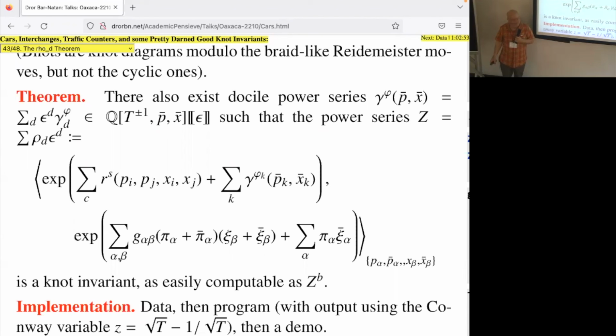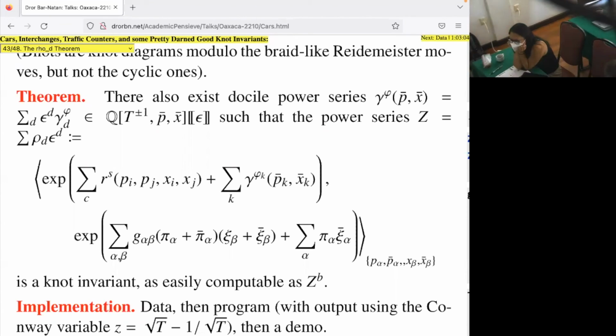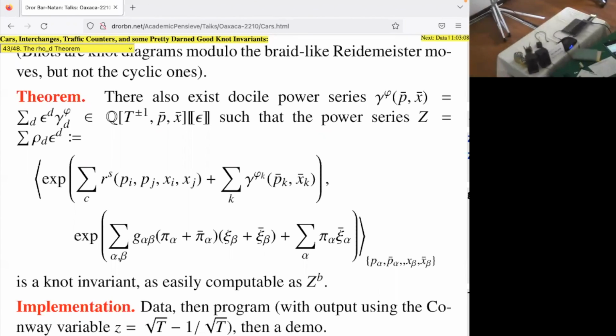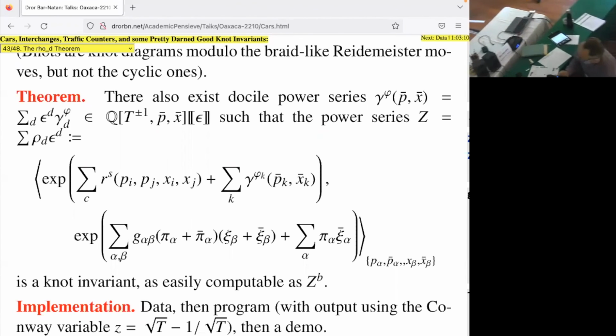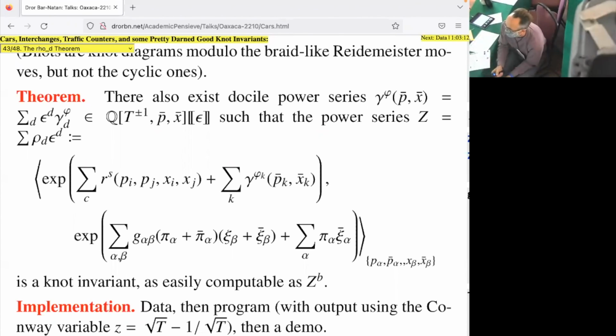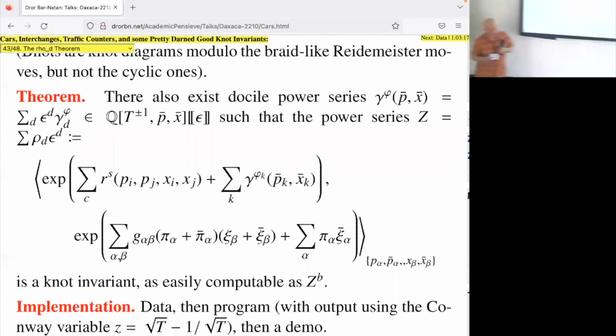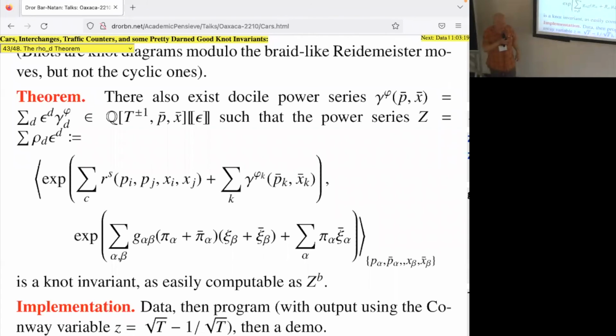Okay, I just briefly, because I can't help. I don't know if the story is aspirational or hopeful, but the connection that you'd like to see between slice and ribbon. A priori, the invariant is a neighbor of Alexander, and it seems to share properties with Alexander.